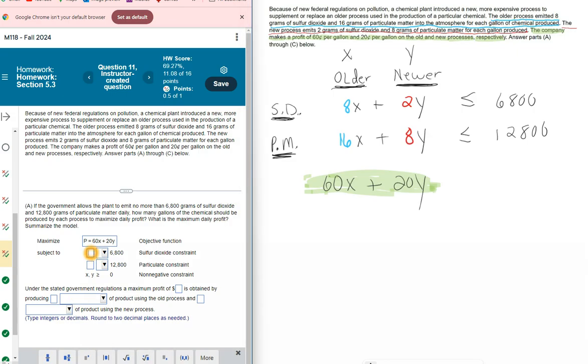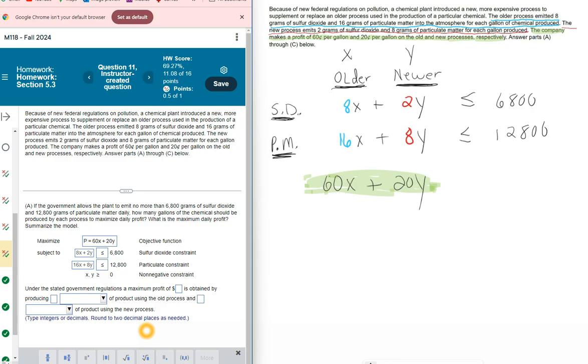So right in here, I'm going to have to type in 8x plus 2y, and these are my constraints, 16x plus 8y, and then these should be less than or equal to on both of them. And then under the government regulations, a maximum profit of blank is obtained by producing blank blank.